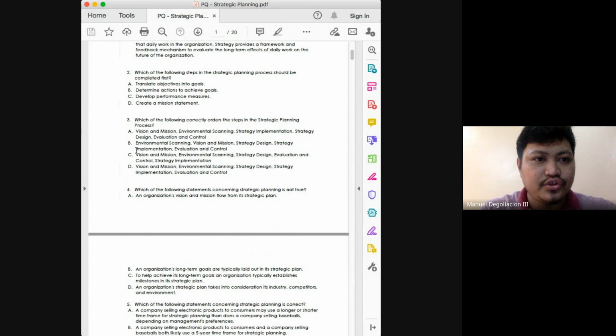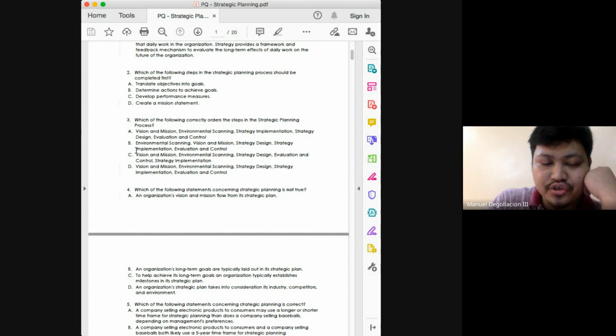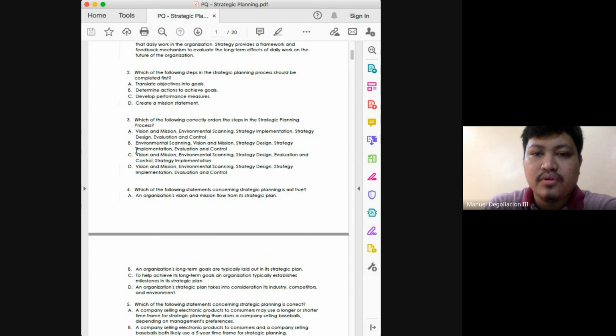So out of the four choices, the best answer here is to create a mission statement. But technically, the first step should be your vision and mission, and the vision comes first, followed by your mission statement. But in number two, as regards the other choices, the creation of your mission statement comes first.